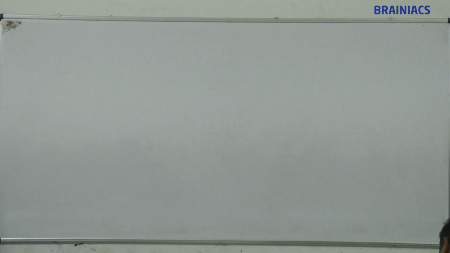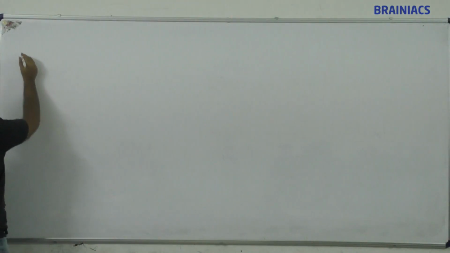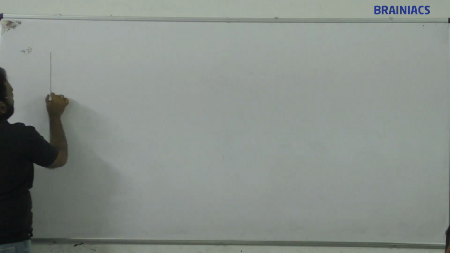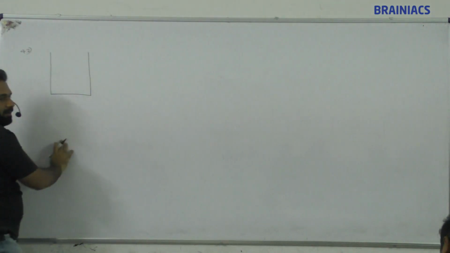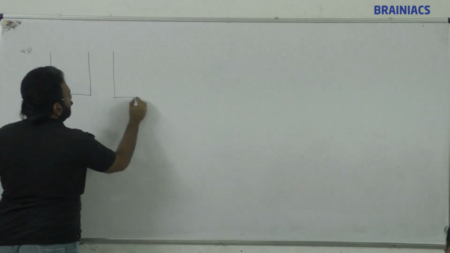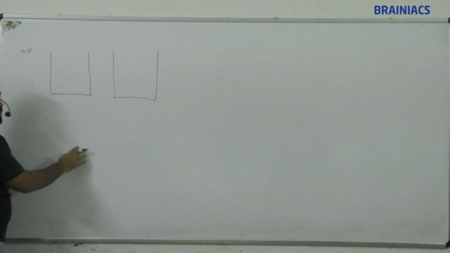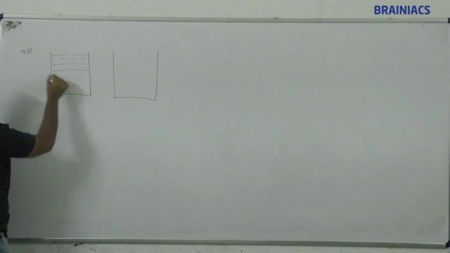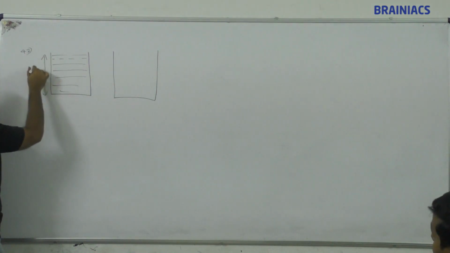Okay, right. See students, the question number is 42. Yes. So this is a container. Bharat, this is another container. Here the water is up to a height, say h1.